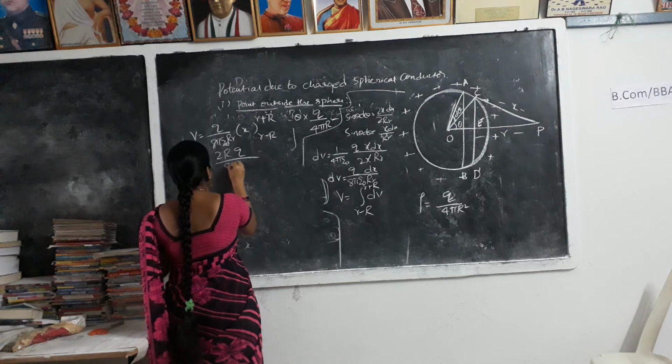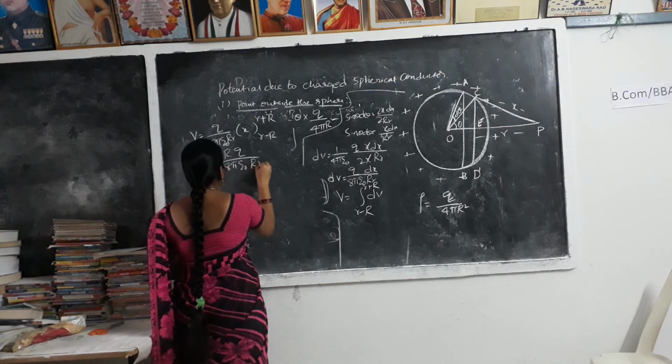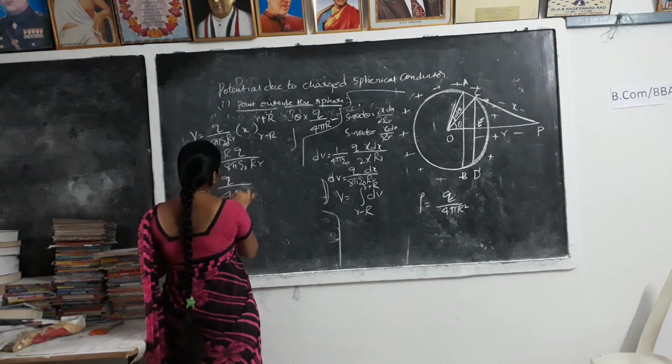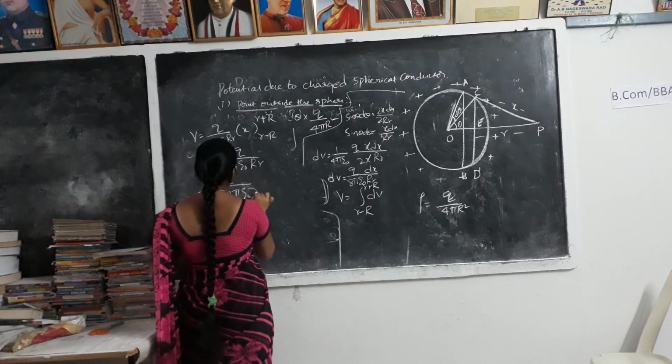So 2R Q by 8 pi epsilon Rr. Then V equals Q by 4 pi epsilon small r.